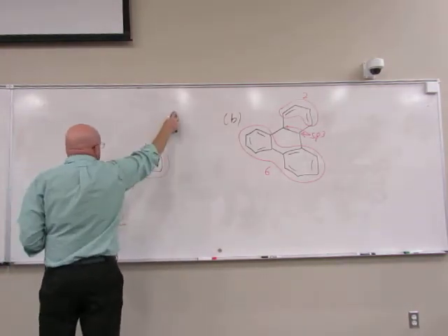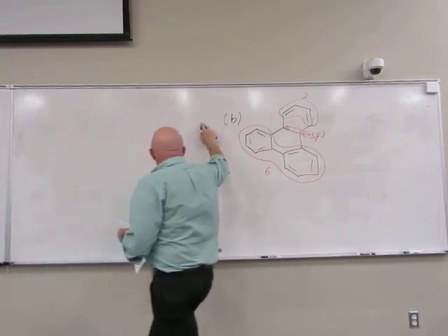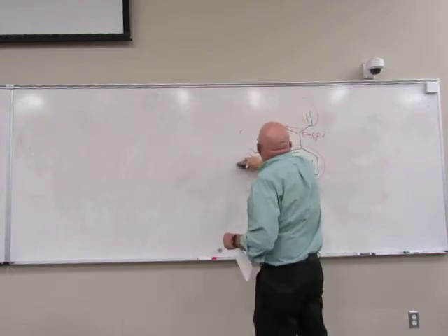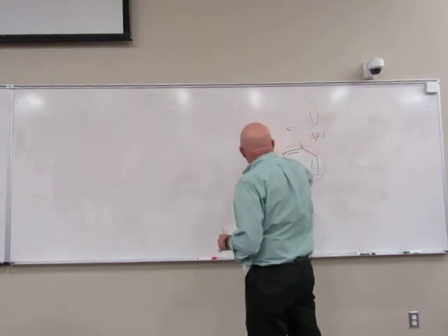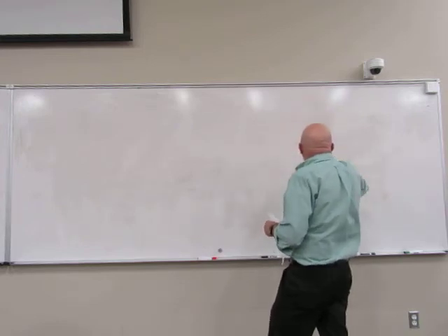Question 4, we're looking at some reagents. I've given you one of the starting materials, and I've given you the product, and I want you to tell me how we go from that starting material to that product.